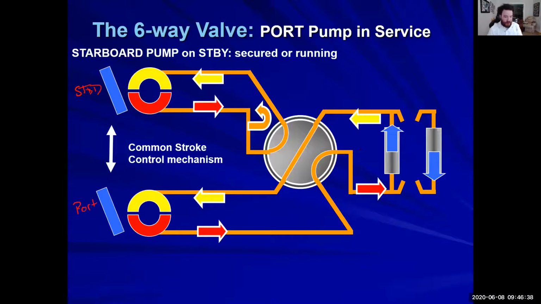If these pumps were in line with each other, where you had one pump here and one pump here, you would just call them the forward and the aft pump. All right. Remember, these pumps are just named because of their position on the vessel.